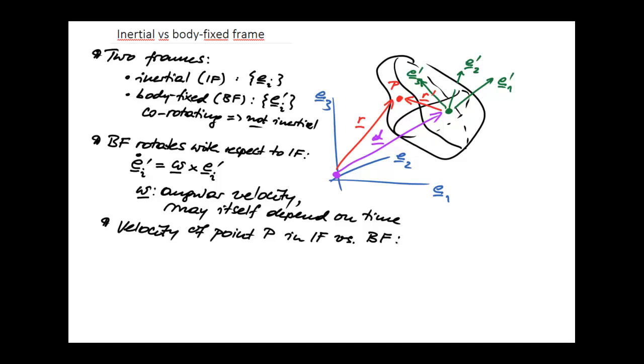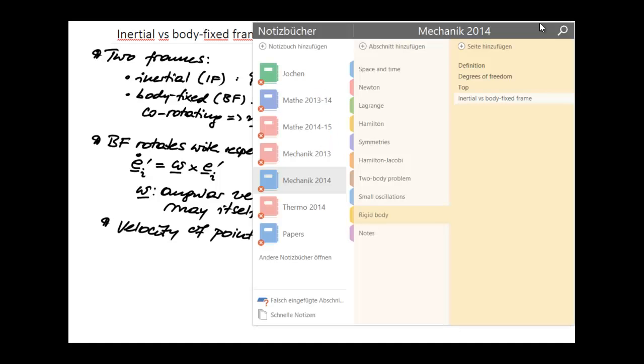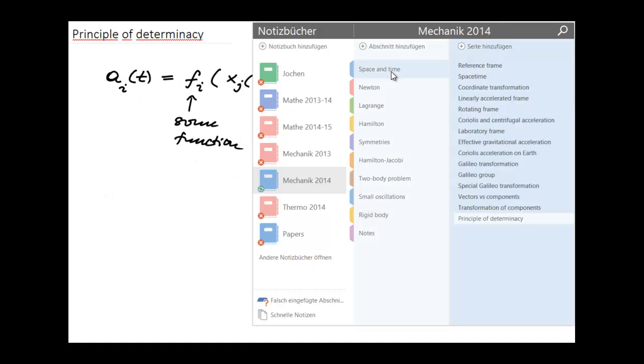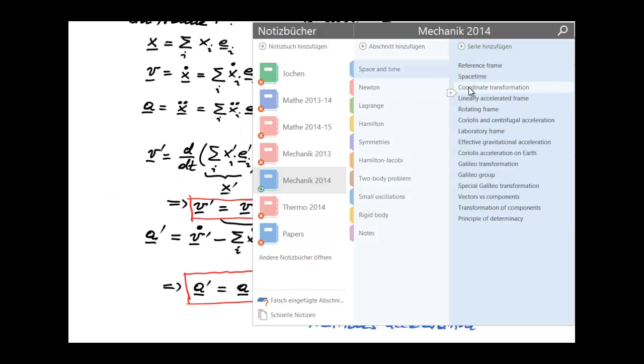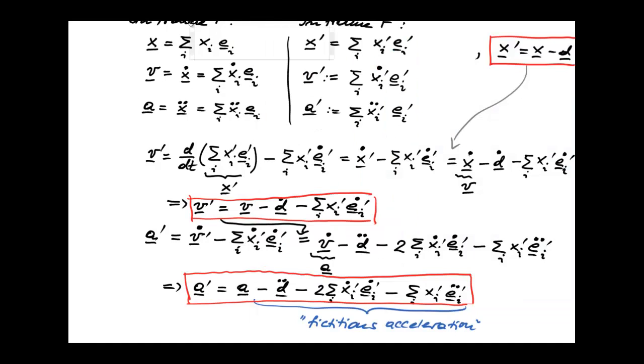And here we can go back to the results that we had obtained early on when we talked about different reference frames. I'd like to go back to the chapter on space and time, and here coordinate transformations.